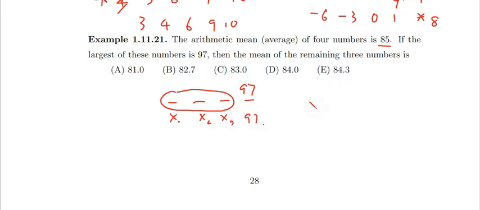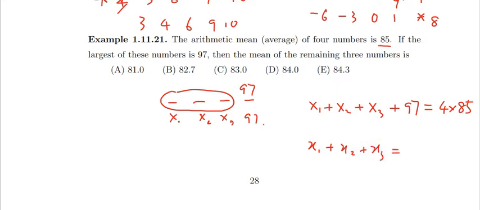So x1 plus x2 plus x3 plus 97 equals 4 times 85, divided by 4 equals 85. Then x1 plus x2 plus x3 equals 4 times 85 minus 97. So we can find their average.